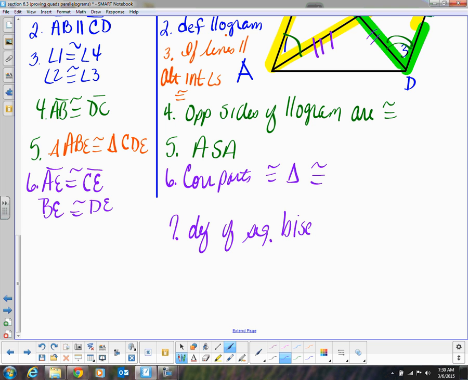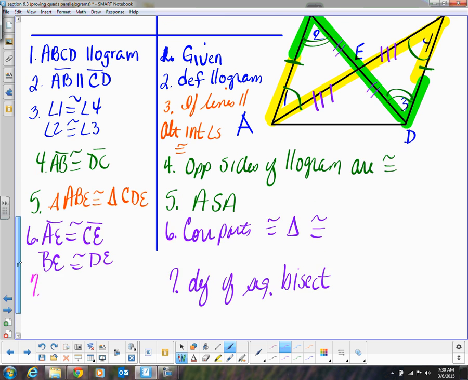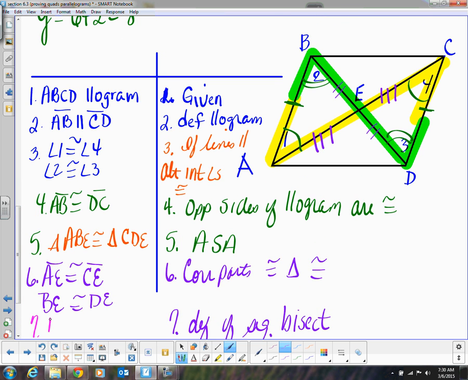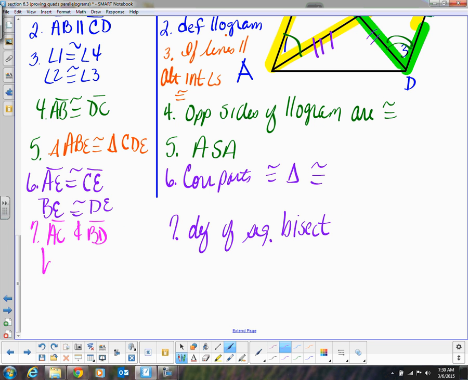So what should their statement be? Right, AC and BD bisect each other. So you see, these congruent triangles are amazing as far as getting us where we need to be in so many other ways.